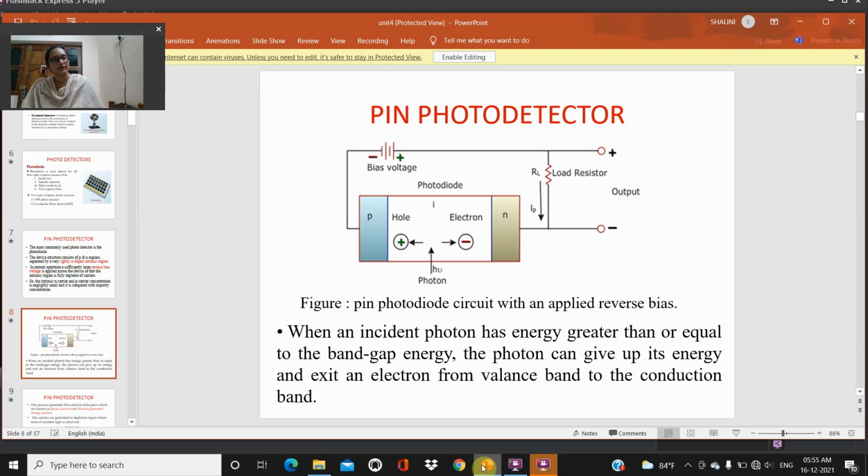Pin photodetector. When an incident photon has energy greater than or equal to the bandgap energy, the photon can give up its energy and excite an electron from the valence band to the conduction band.